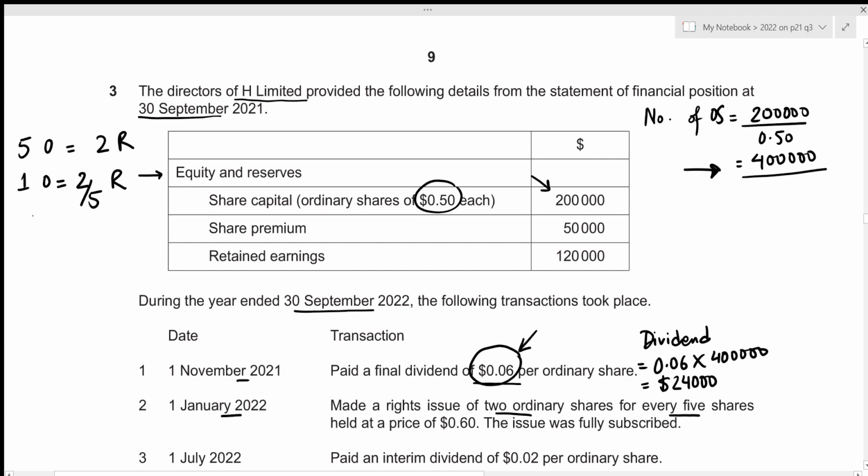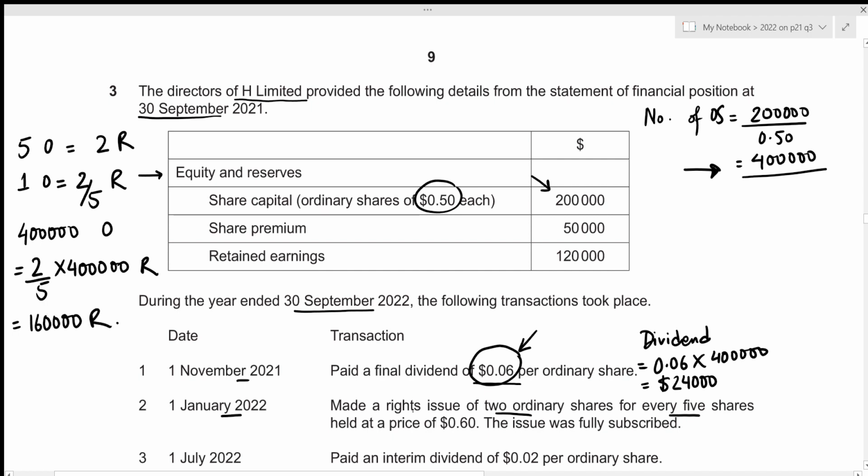Now let's figure out the number of rights shares for these ordinary shares. So for 400,000 ordinary shares, we'll be getting 2 by 5 times 400,000 rights shares. This means that on the date of 1st January 2022, the company will be providing 2 by 5 times 400,000, which is 160,000 rights shares.